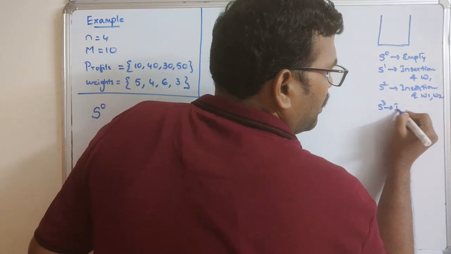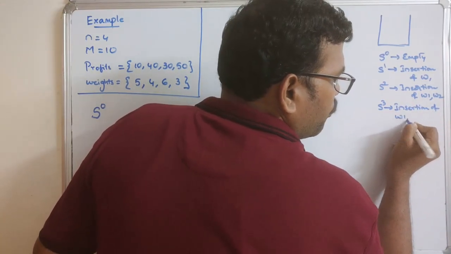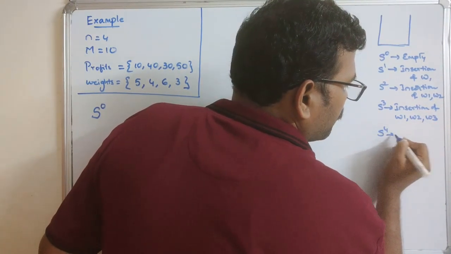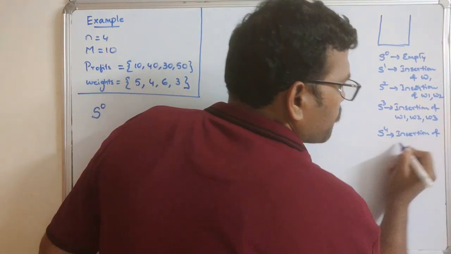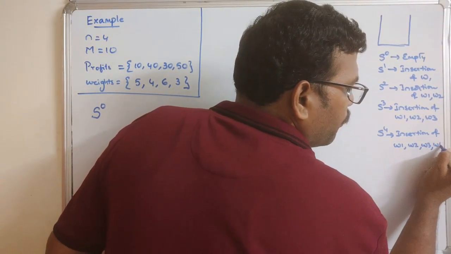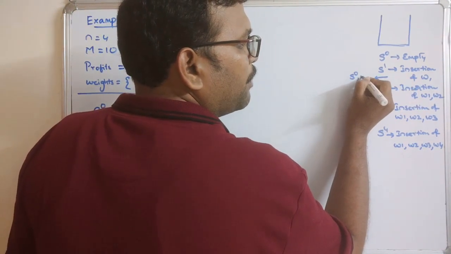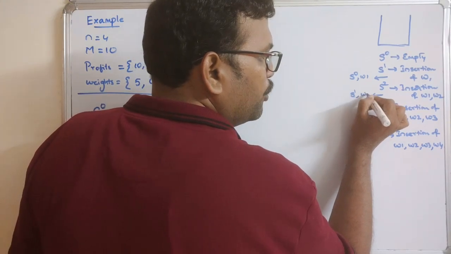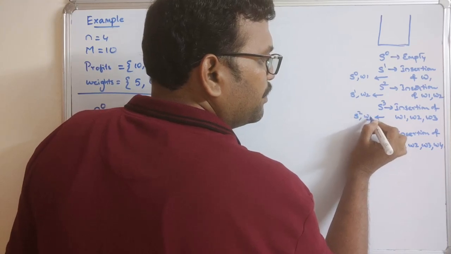S3, insertion of weight 1, weight 2, weight 3. S4, insertion of weight 1, weight 2, weight 3 and weight 4. That means here we can say S0 comma W1, and here we can say S1 comma W2, and here we can say S2 comma W3.